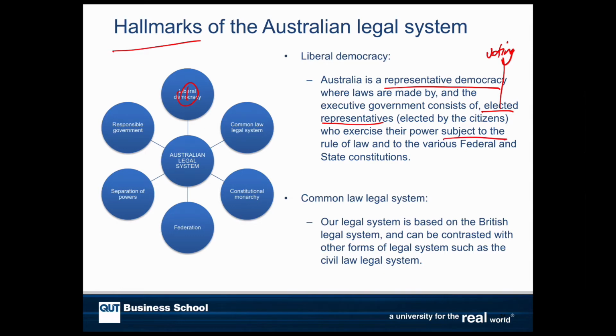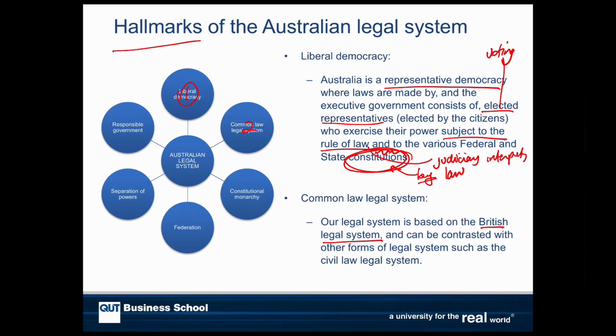They exercise that power subject to the rule of law, so subject to the judiciary and the rules that are set out in our law. So they can't do whatever they want. They're subject to the rule of law, and particularly the aspect of law that they're governed by the various federal and state constitutions.